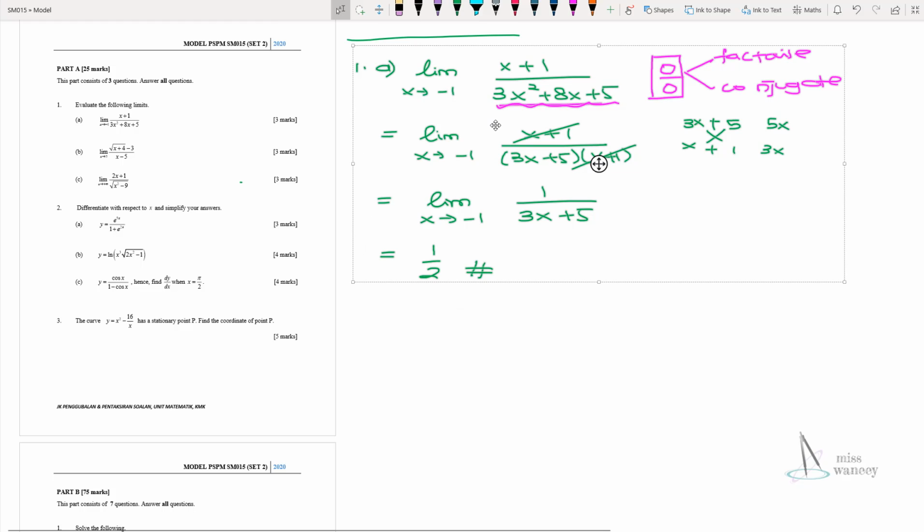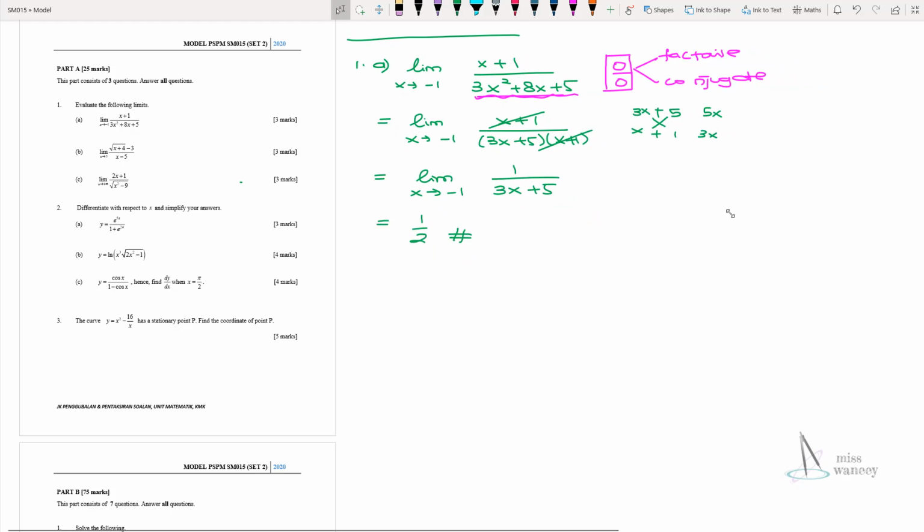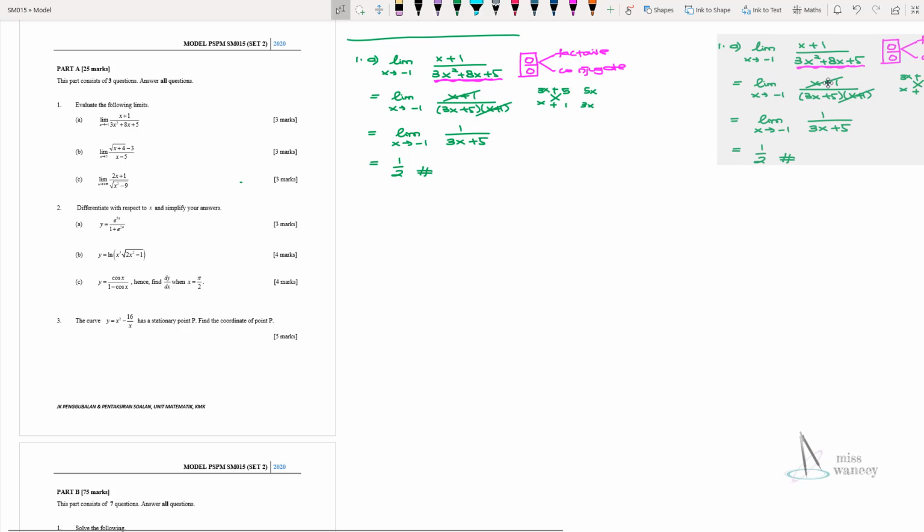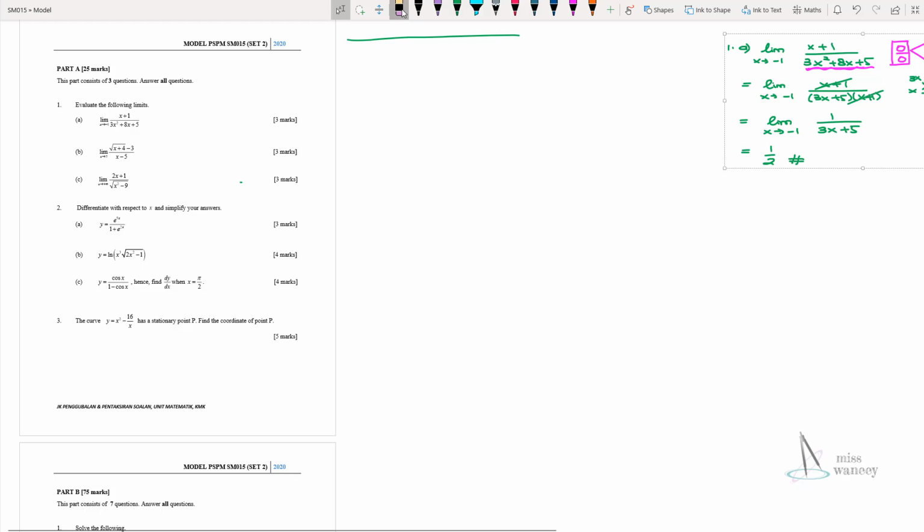Like usual, let me group this one first before we do question number 1b. Now number 1b: we need to find the limit as x approaches 5 of (√(x + 4) - 3) over (x - 5).